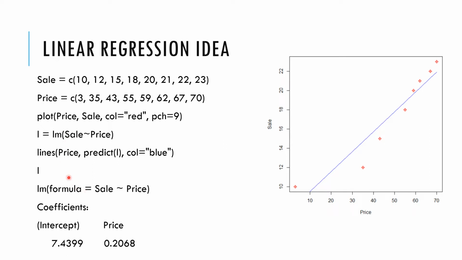The formula would be sale is equal to theta 0 plus theta 1 into price. That's what we saw in the previous slide, right? What we are trying to calculate or estimate are the values of theta 0 and theta 1, the coefficients. That is the main essence of model building.